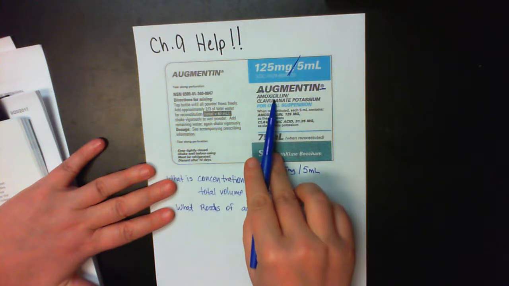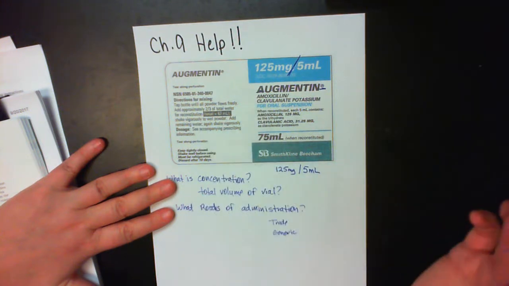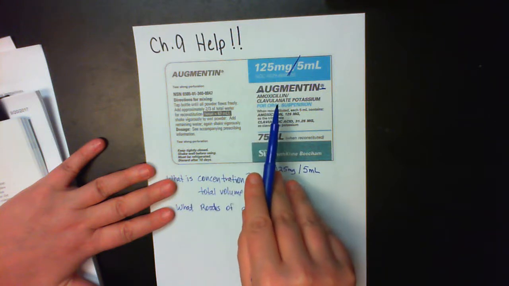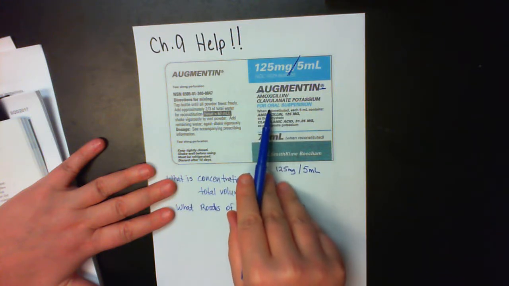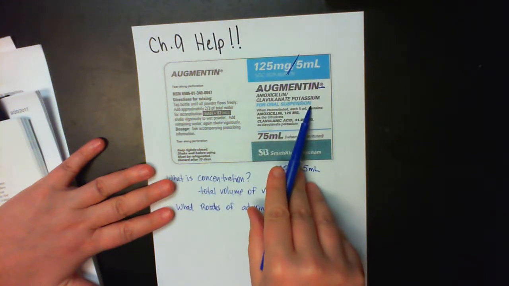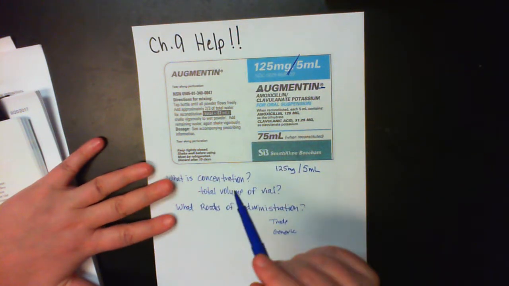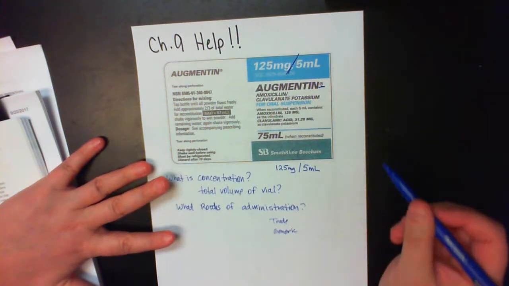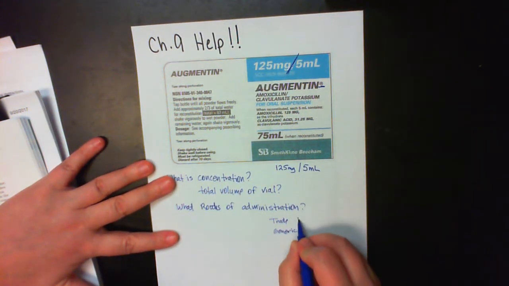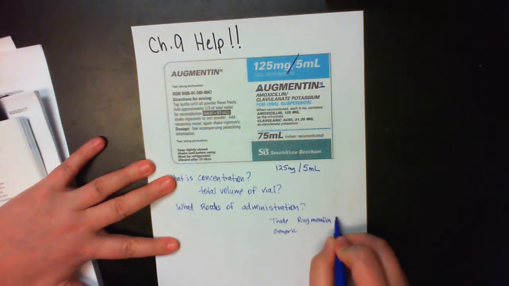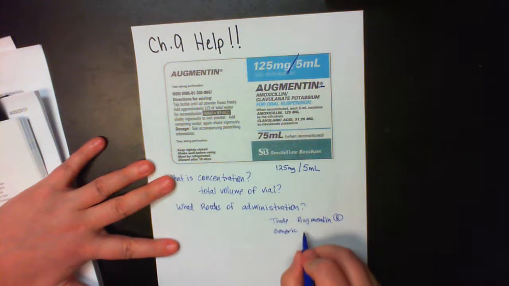Now that does not mean that another company cannot make amoxicillin clavulanate potassium, because the only thing that's been trademarked is that name. So our trade name there would be Augmentin.